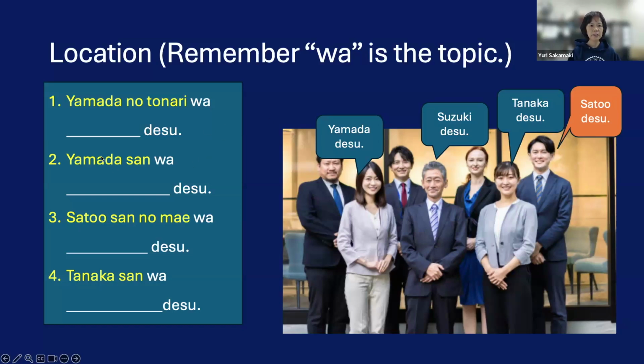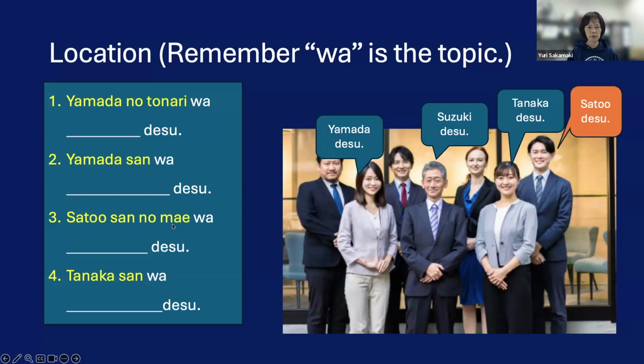2番、山田さんは、then we only know this person's name. So 鈴木さんの左です。山田さんは鈴木さんの左です。3番、佐藤さんの前。So the whole thing is a topic.